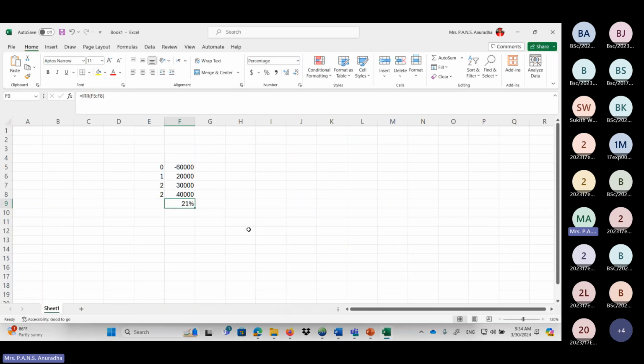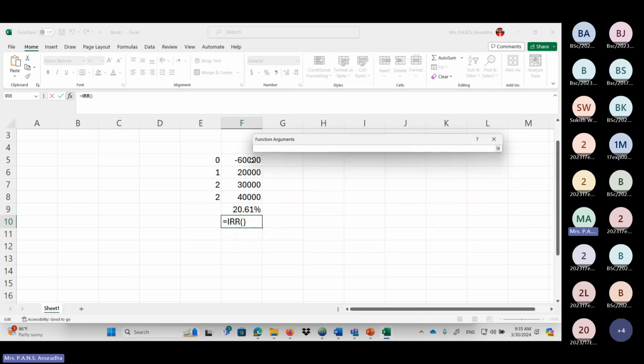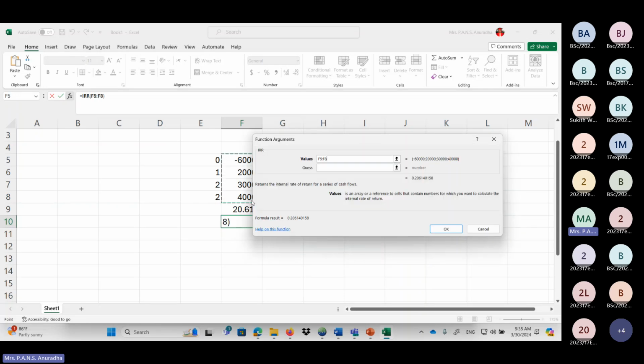The same thing you can work out in Excel also. The Excel number was 20.61. In Excel, there is a function called IRR, so you can apply this IRR function. You have to give the values here: minus 60,000, 20, 30, 40.